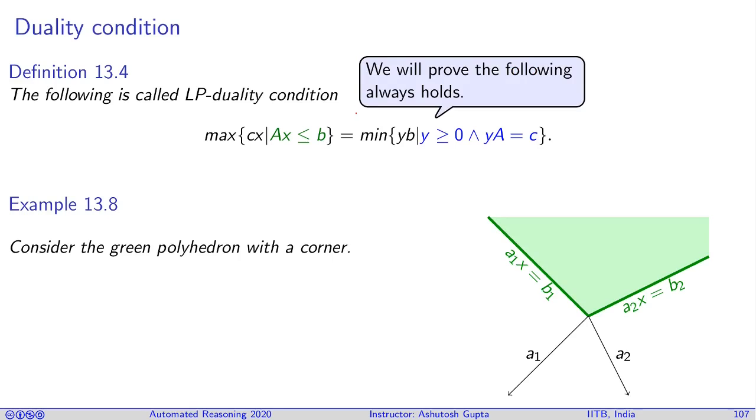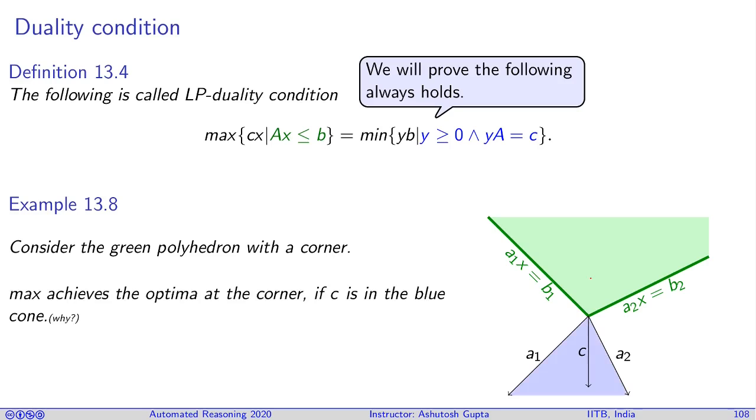Let's look at an example to intuitively understand what's going on. Let's suppose we want to maximize c in this direction. So c is this direction, and if that is the case, then the maximum value will occur at this corner.